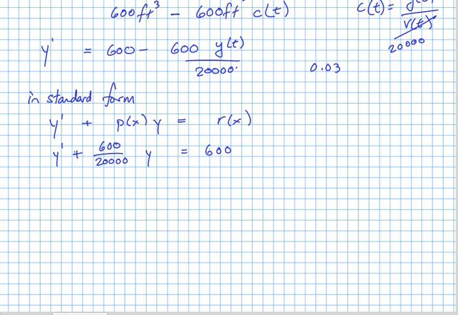And now we're going to do the integrating factor. Well, first of all, the h of t is going to be equal to the integral of p of t dt, which is equal to 600 over 20,000 dt integrated, which is equal to 600 over 20,000 t.